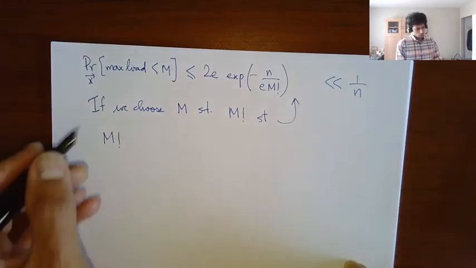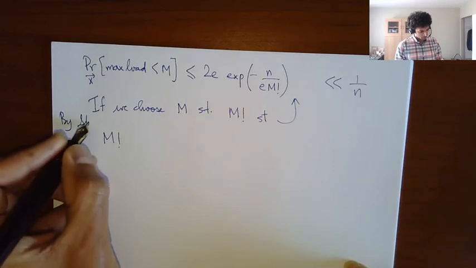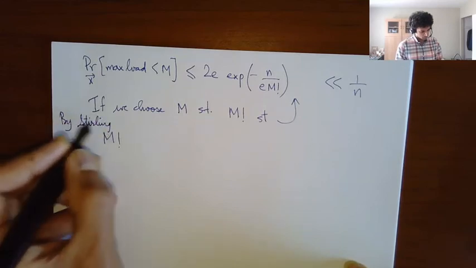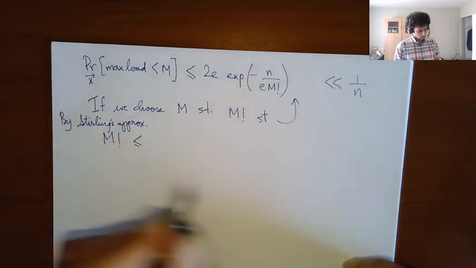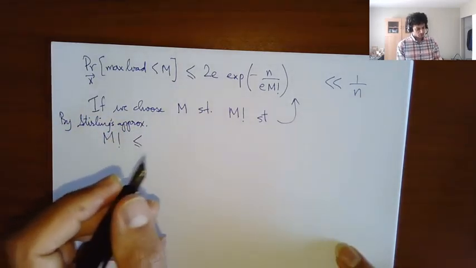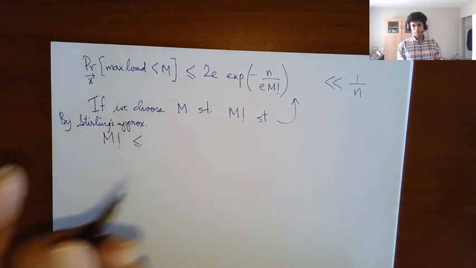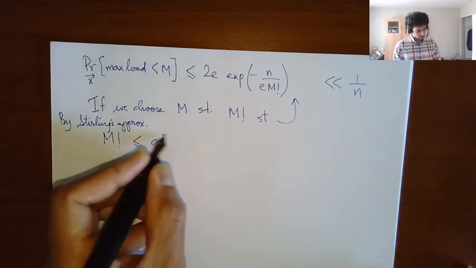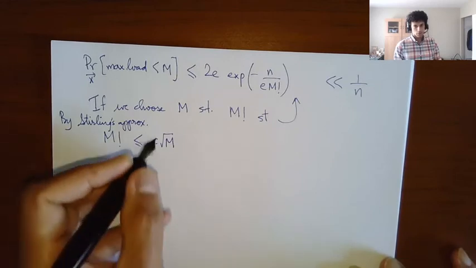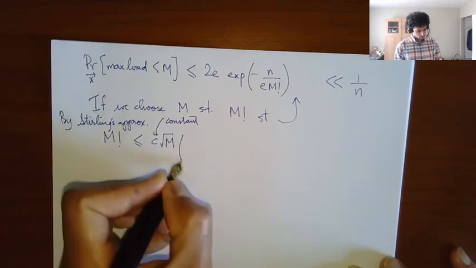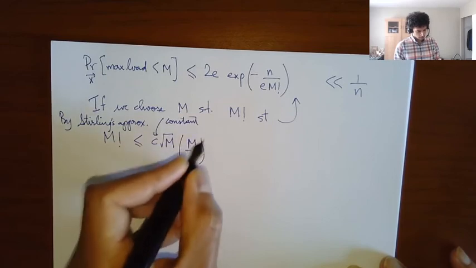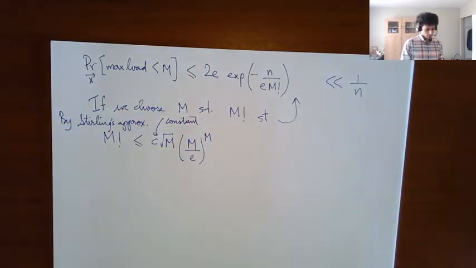So we know by Stirling's approximation, I can just write this as, if I ignore the root 2 pi, essentially a constant times root m, so this is just some constant, times m by e to the power m. Okay.